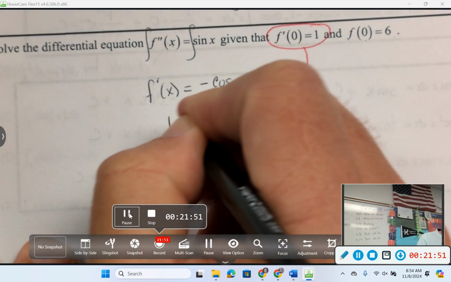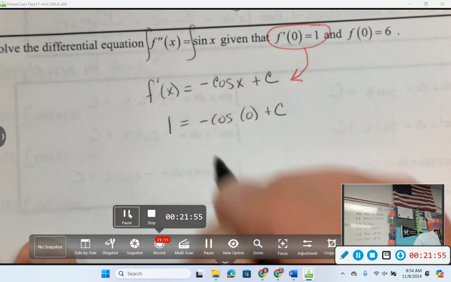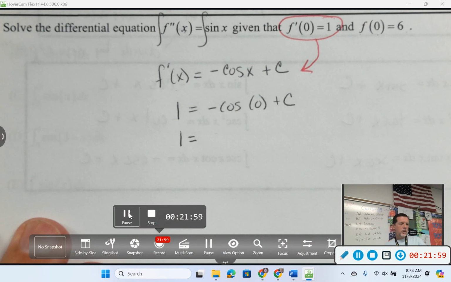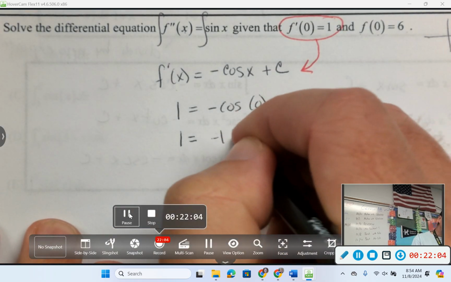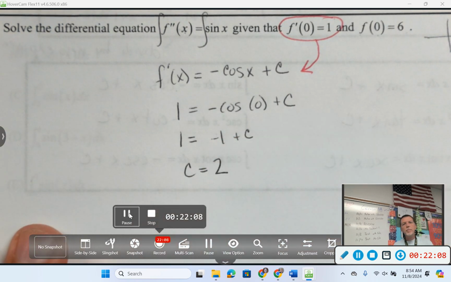So 1 equals negative cosine of 0 plus c. Cosine of 0 is 1, so c equals 2.